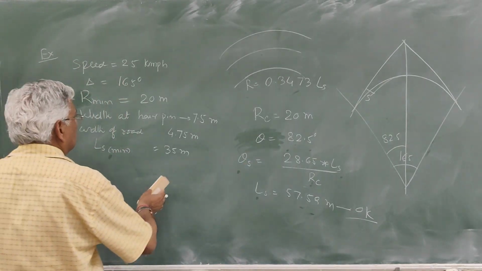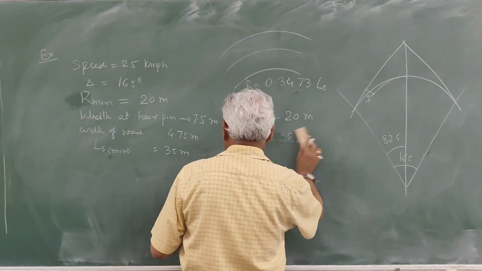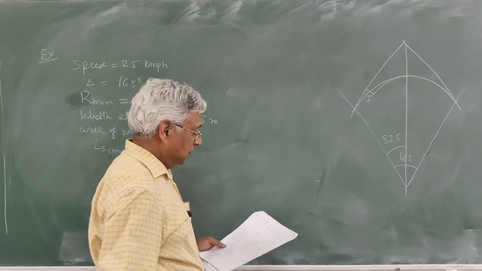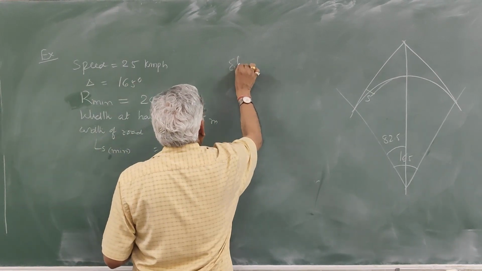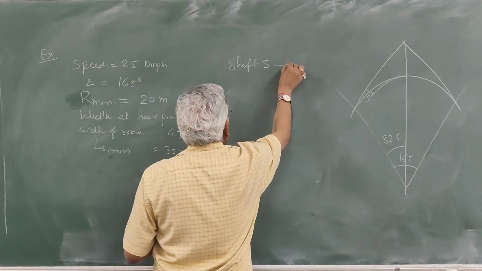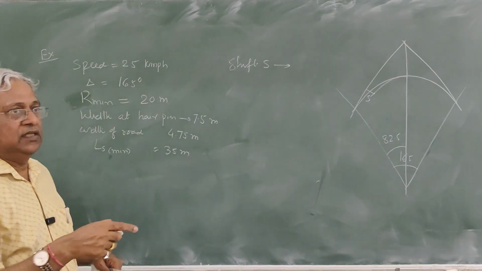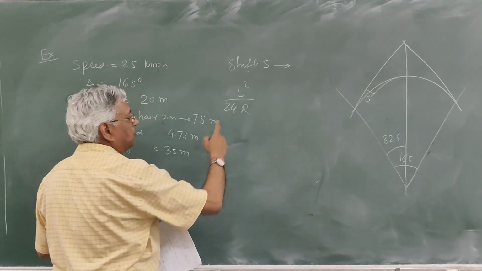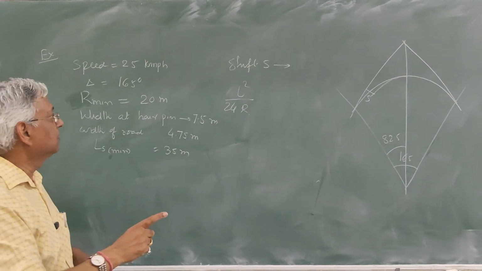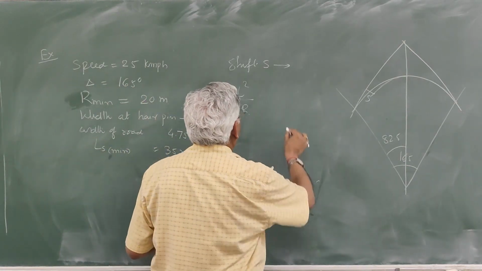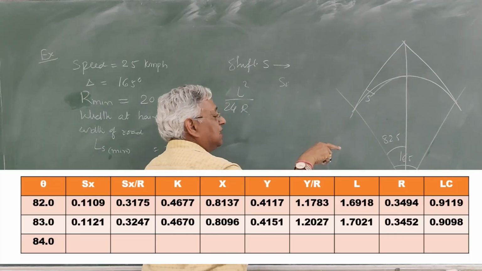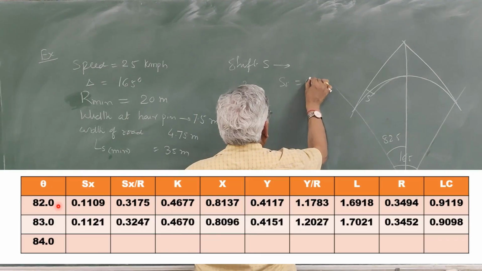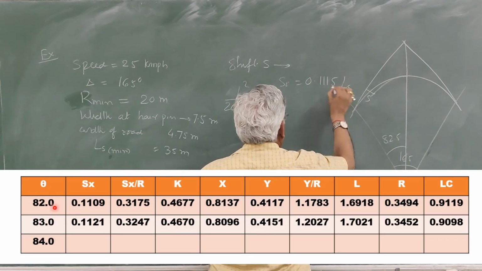Now once you know this length of transition, the next is to find out the shift. For shift, again go to the table, because if you calculate shift using the equation L square upon 24 R, this will not be the correct value in case of a transitional curve. So again theta is equal to 82.5 degrees and you get this value as 0.1115 Ls.